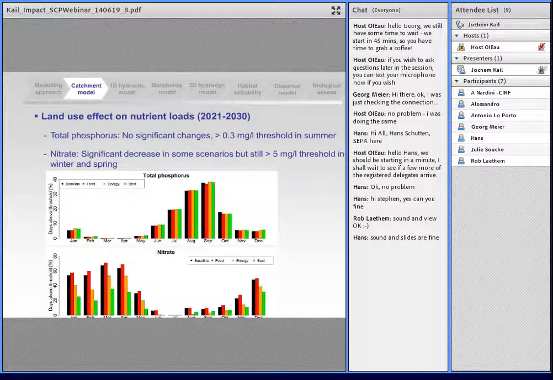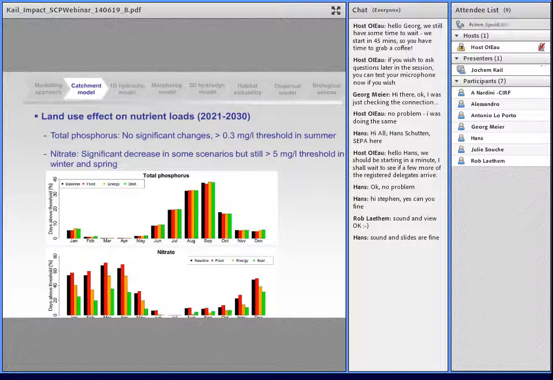The second aspect we were interested in is water quality. Here you can see two graphs, one for total phosphorus and one for nitrate, which give the days above a specific threshold value which is ecologically important. In the upper graph all bars have the same height, so there's not much difference between the different scenario runs.